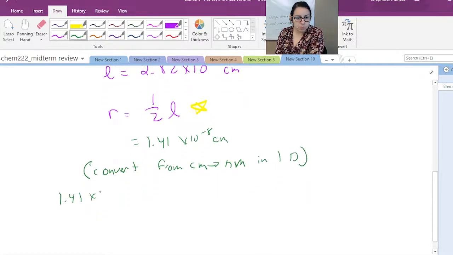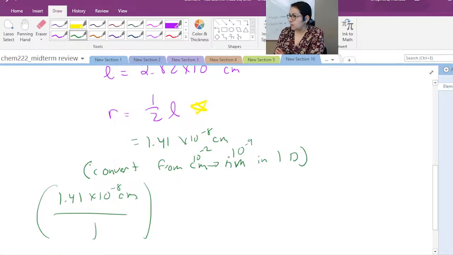So now I'll set up my conversion factor. I'll do it the long way, but you could do the direct conversion factor since this is 10 to the negative 2 and nanometers is 10 to the negative 9, so there's a 10 to the 7th difference.